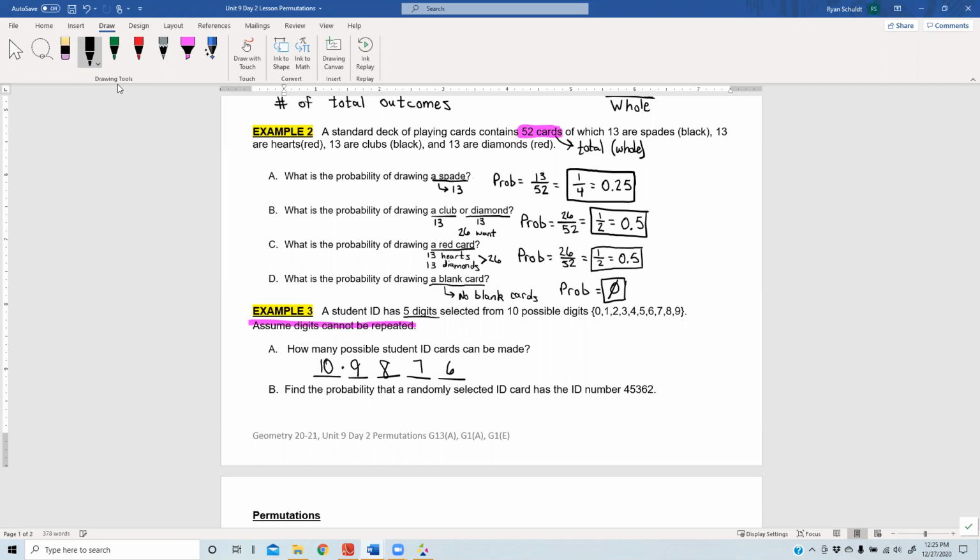So 10 times 9 times 8 times 7 times 6. This will give us 30,240 ID numbers that you could have.